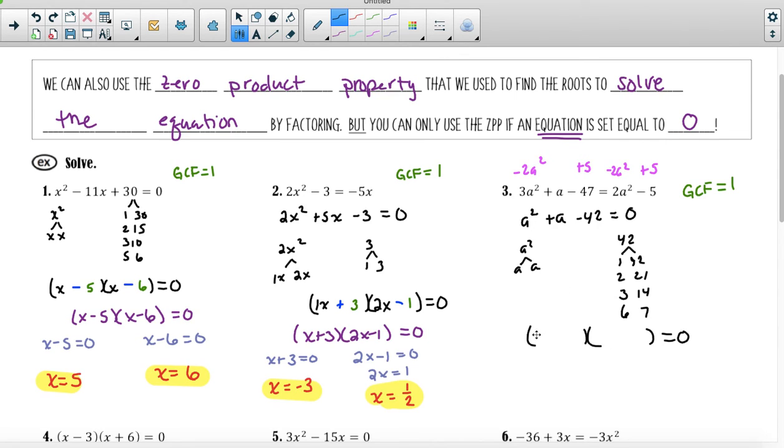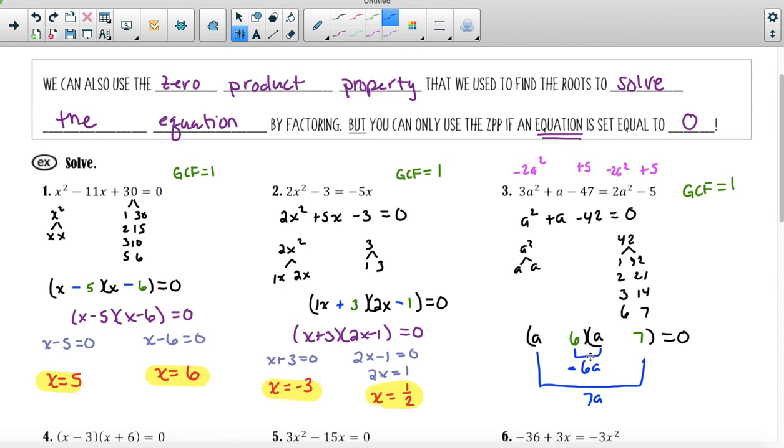I'm going to put my a in the front, and then I'm going to guess, I'm going to put the 6 and the 7, and I'm going to check. So I have 6a and 7a. I need to get a 1, so I know 7 minus 6 would work. 7 minus 6 gives me a positive 1.